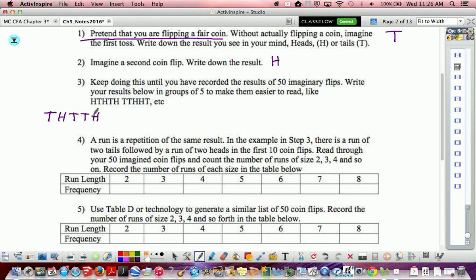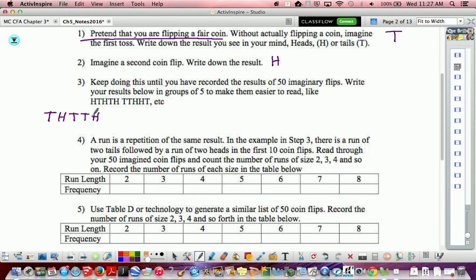Right now, I'm going to give you about a minute or 2 to do this. It shouldn't take you very long to imagine flipping the coin each and every time. But this is very important to do because you're going to need these results for the next part. Don't wait for me to do it.